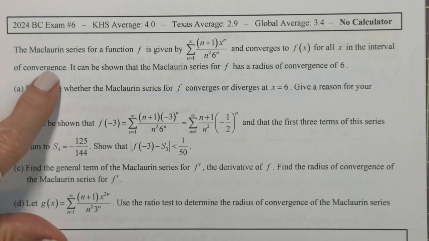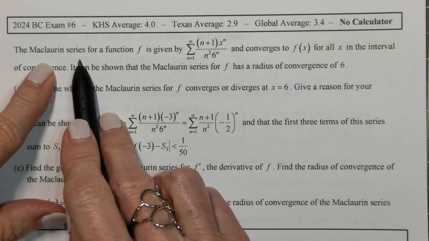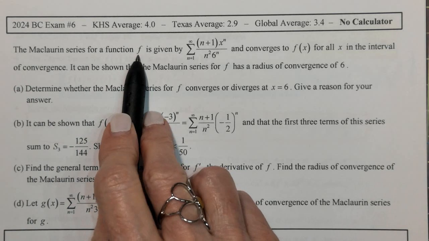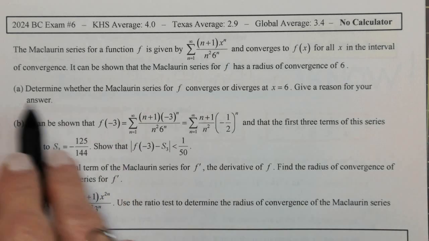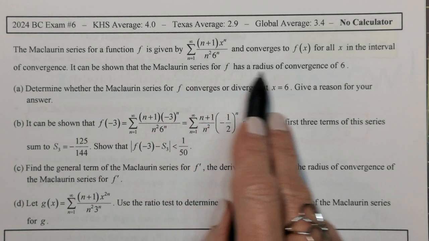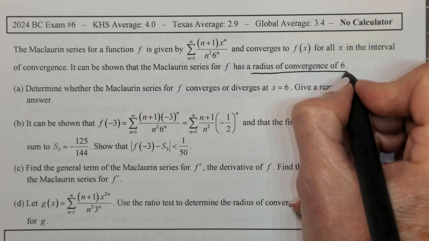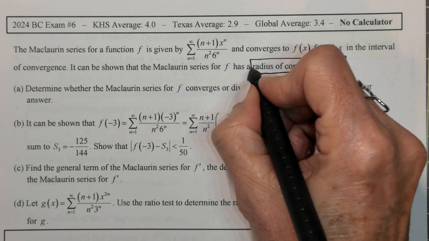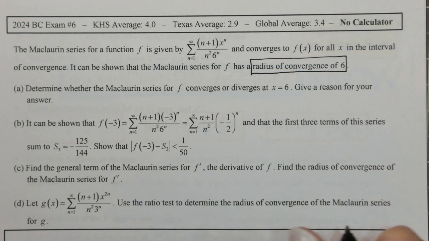The Maclaurin series, that just means that C is 0, for F is given by this and converges to F for all x in the interval of convergence. It can be shown that the Maclaurin series for F has a radius of convergence of 6. That makes me a little bit sad that they told us that, because if they hadn't, we could have shown it and gotten at least 4 points. But they gave it to us, so oh well.